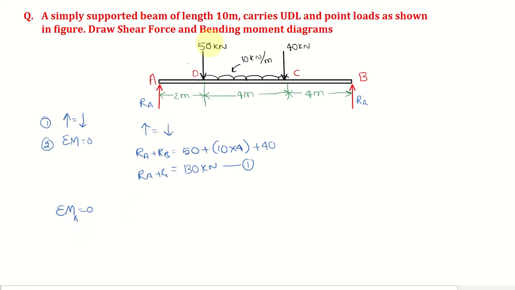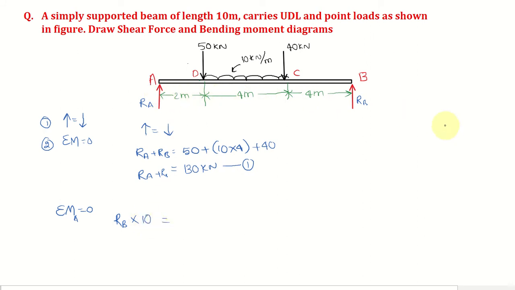So whatever the force we consider, we need to take the distance up to point A, because we are taking moments about A, right? So okay, let us now come from right to left. So that is RB multiplied by the length up to A. There is a force multiplied by its perpendicular distance up to A is 10 meter.